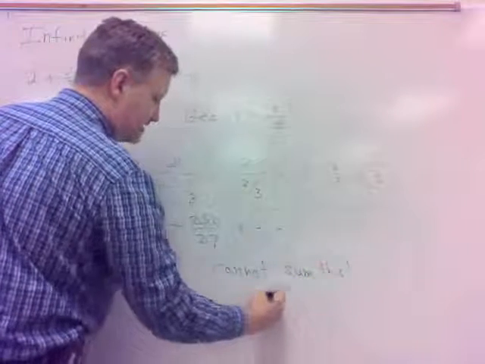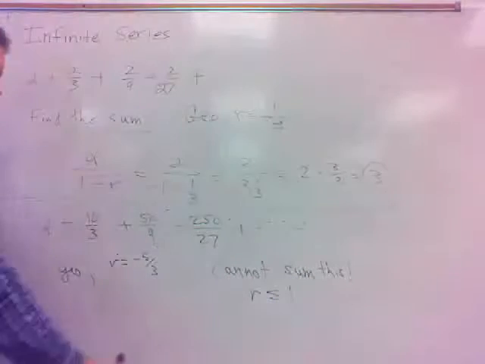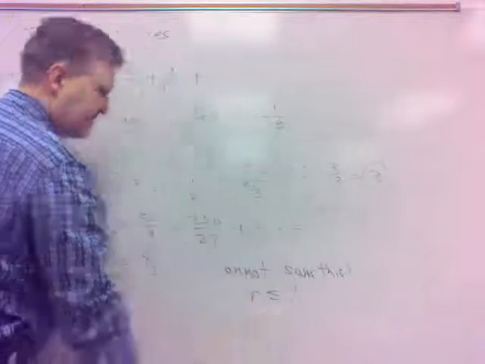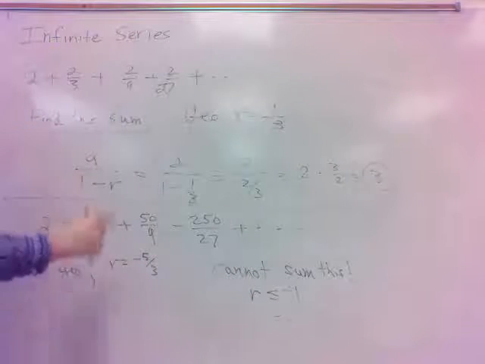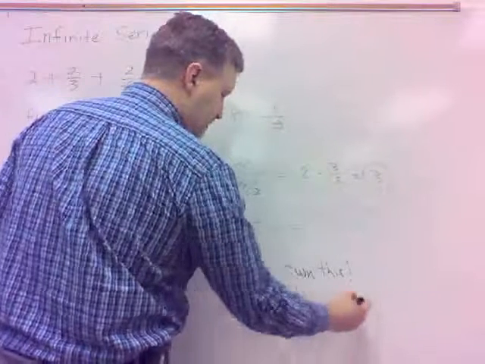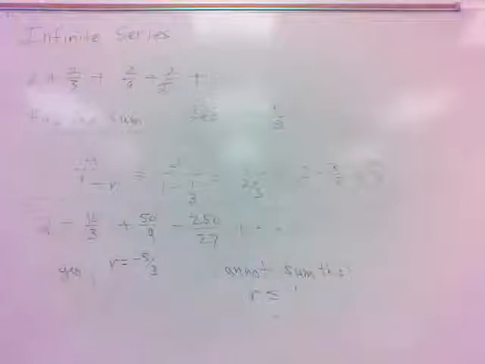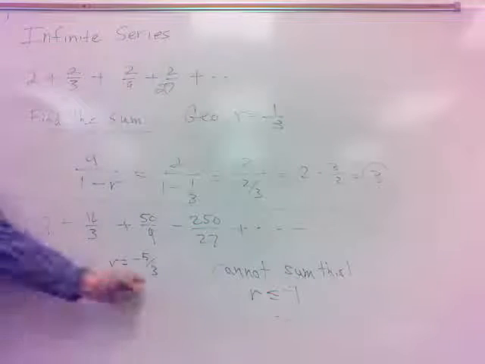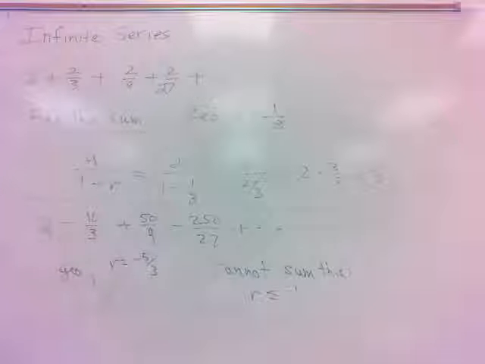Yeah, r is less than negative 1, isn't it? And if r is less than negative 1, if it's not between negative 1 and positive 1, you cannot sum the geometric series. So, in essence, it's not in the range of summable geometric series for r.